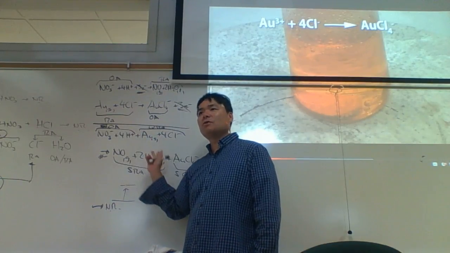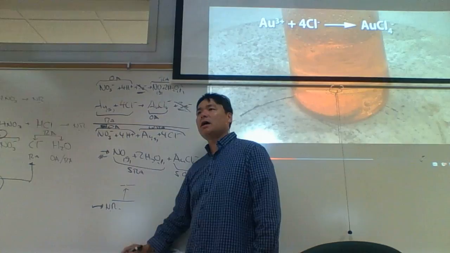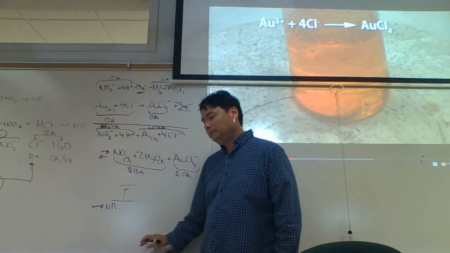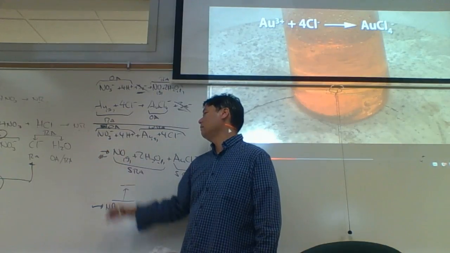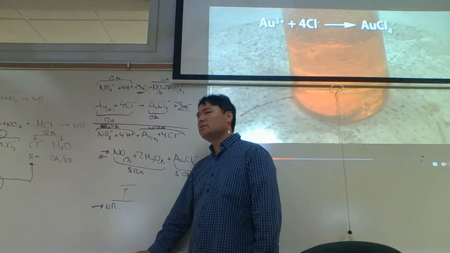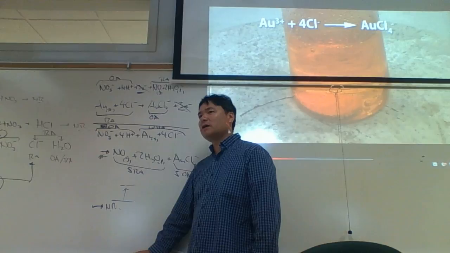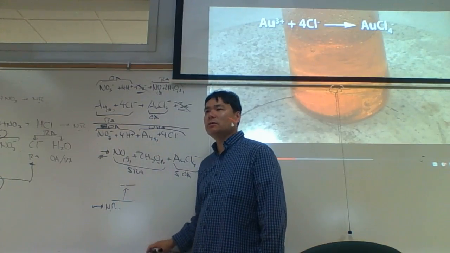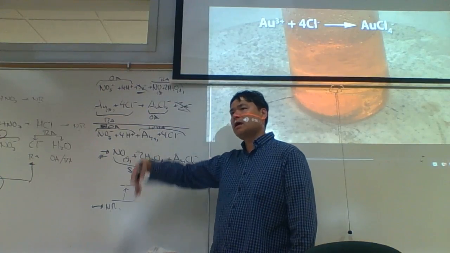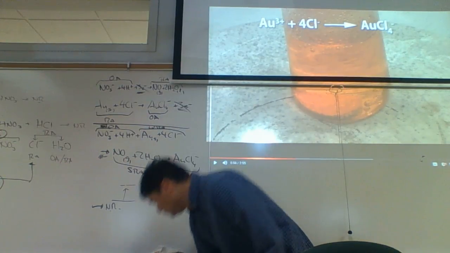But which side is more favored? The thermodynamics part of it is, things will collide and occur faster, but which side is favored depends on if it's exothermic or endothermic. It depends on which side of the hill it's on.